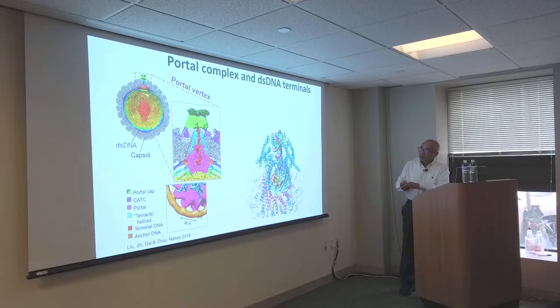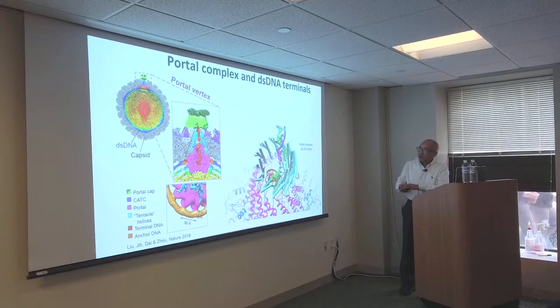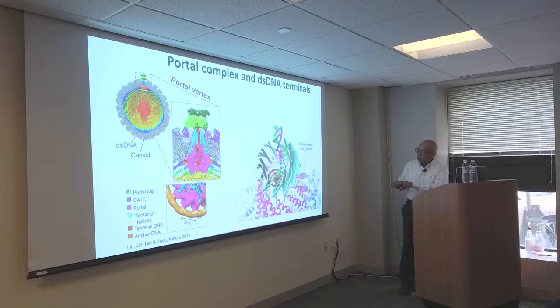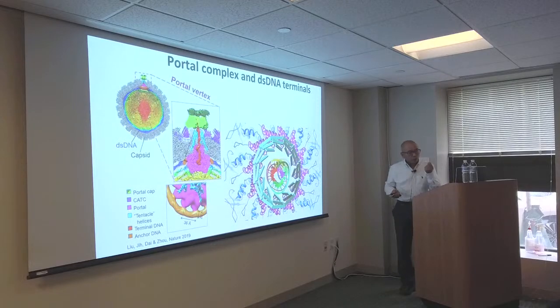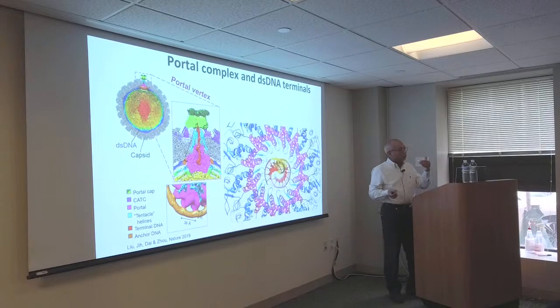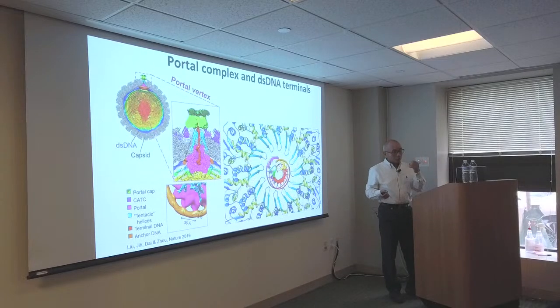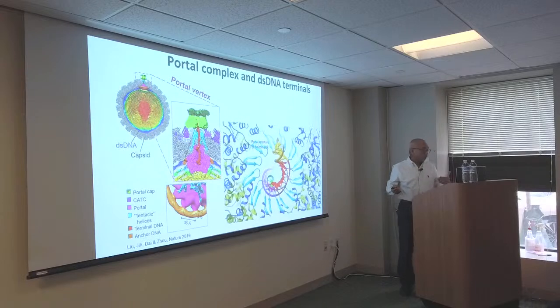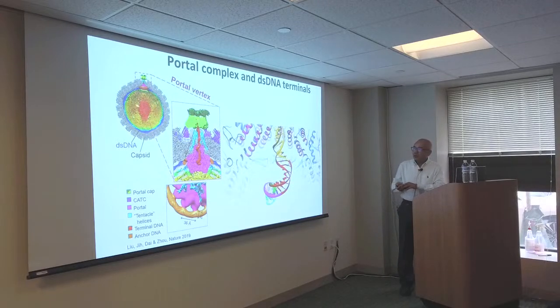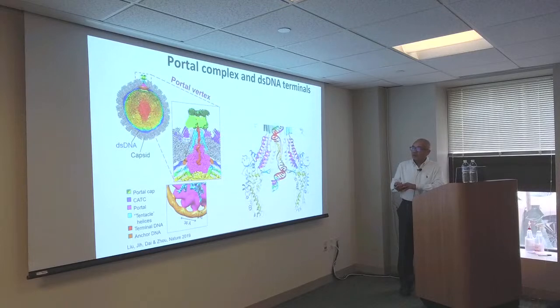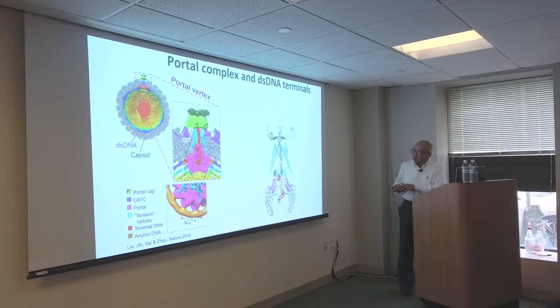There's only one per virus, and there we can see this density in red. You can see this in atomic detail. We interpret this as the last portion of the double-stranded DNA, retained after being inserted into the virus, right before maturation. So we're able to capture those.